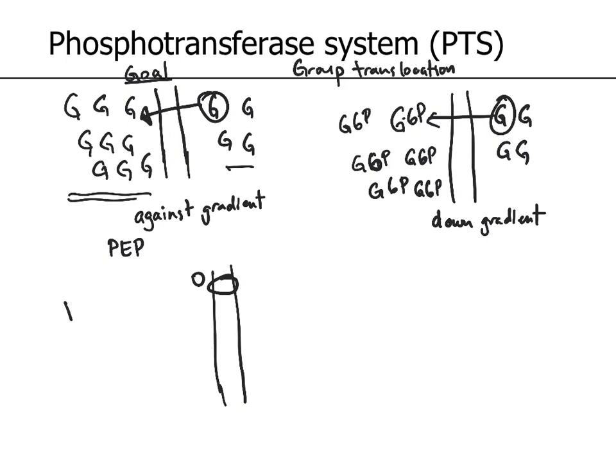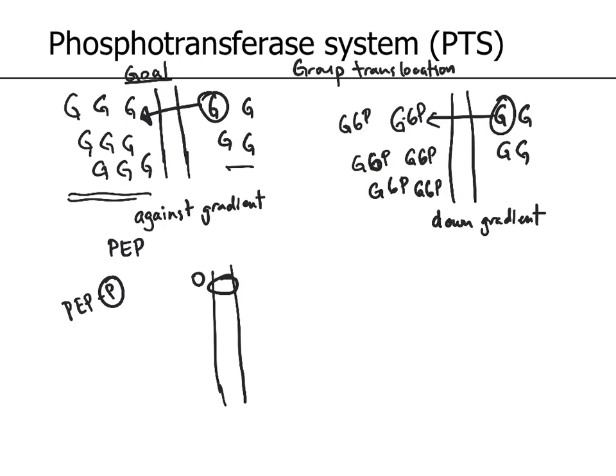Let's imagine that we get this phosphate bond that's moving off of PEP. There are three different enzymes, or proteins, in this system.